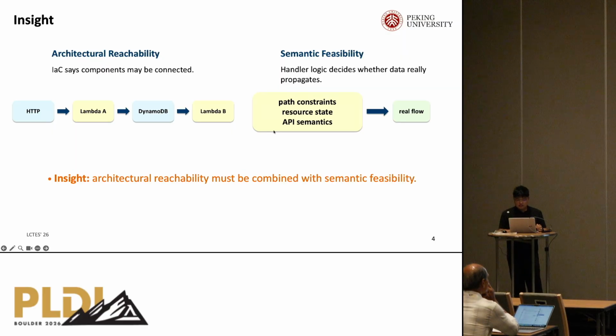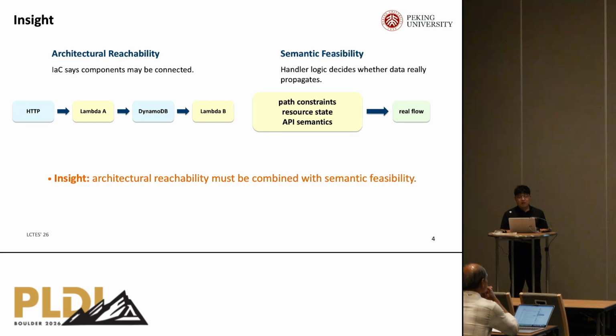This slide shows the key gap we address. Architectural reachability tells us what may be connected according to IaC files, trigger declarations, and resource bindings. Semantic feasibility tells us whether the connection can actually execute under the constraints. Existing static tools often conflate these two levels.